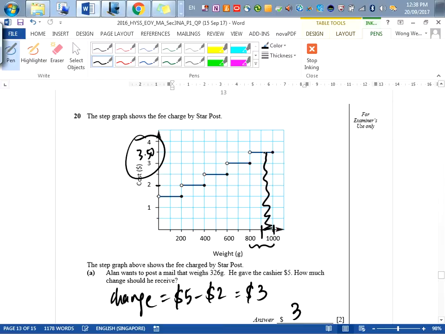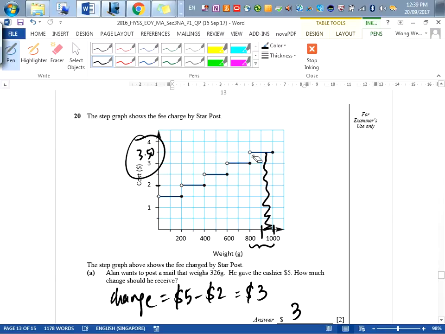Is it? So can it be 850? 800 to 1000, including 800? Do we include 800? No, we don't include 800 because it is hollow. So we do not include 800.